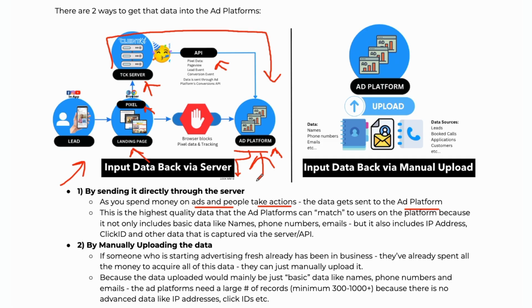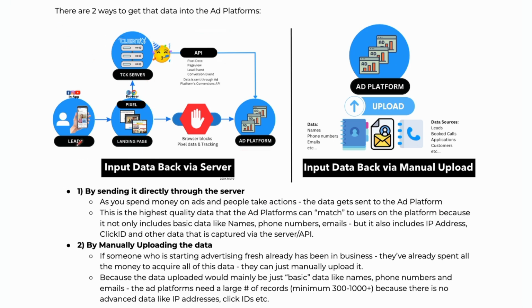Or a lot of people might not have their phone number uploaded into the system. So they have to rely on IP address or click ID or these other things. And so the more advanced parameters that the ad platforms have, the higher likelihood they are able to actually match it, number one. And then number two, find and extrapolate trends based off of, hey, these 100 people share these psychographics and these demographics. Let's go ahead and now find other people who are like that, right? So that's option number one.